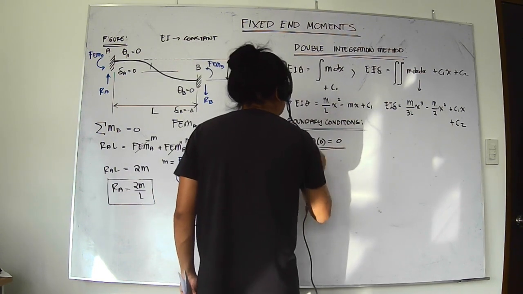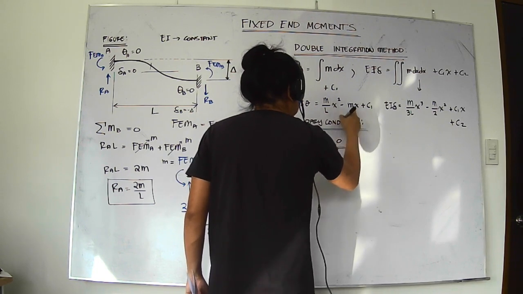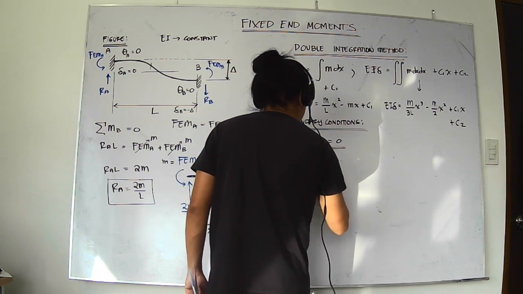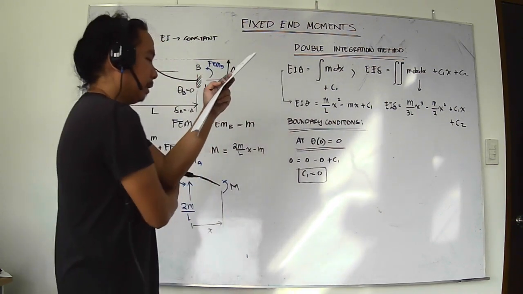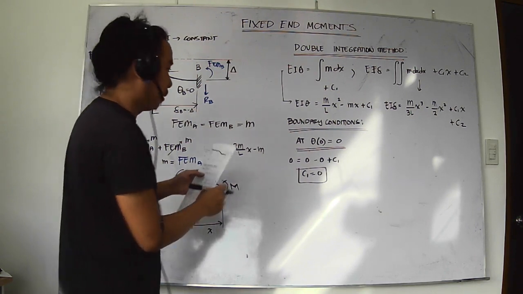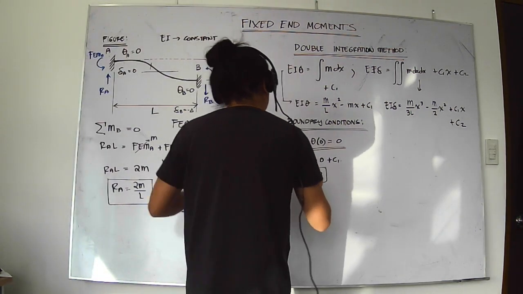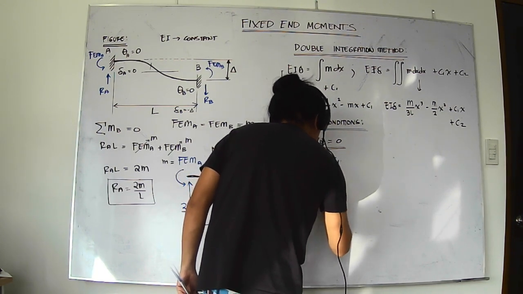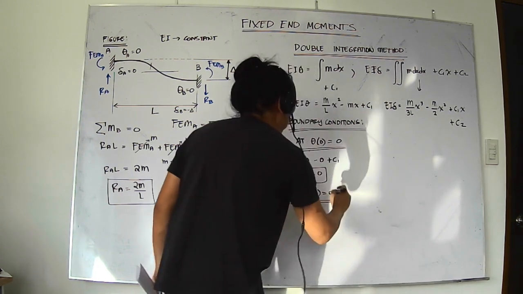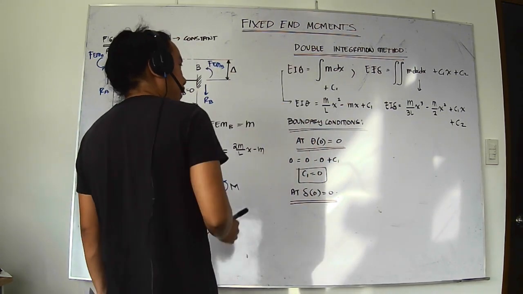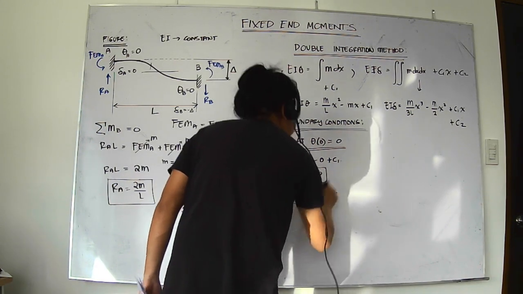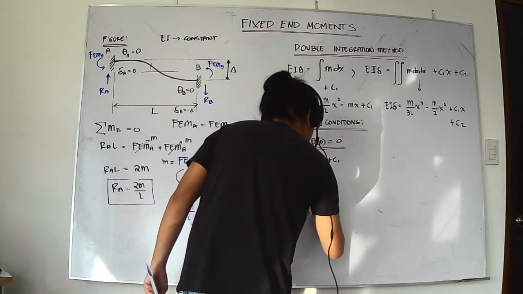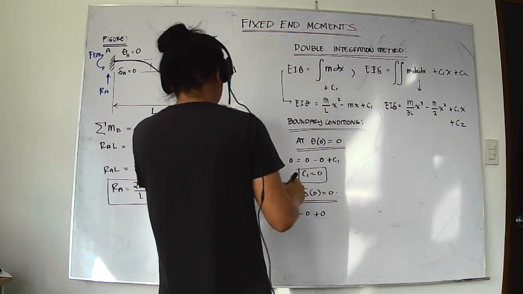That is 0 is equal to 0 minus 0 plus C1. C1 therefore is equal to 0. Now, for the deflection, 0 is equal to 0 minus 0 plus 0 plus C2.